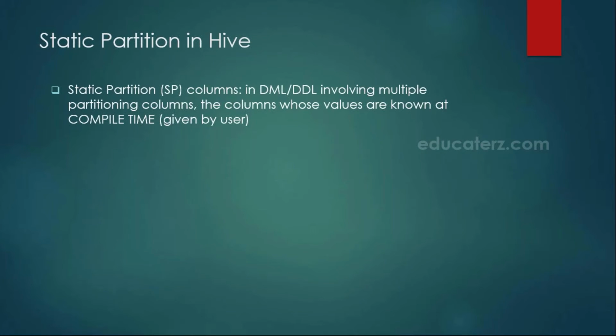So whenever you insert, you specify those partition column values as well. But in the case of a dynamic partition, you do not know any of the values at compile time. Those get determined during execution time itself.